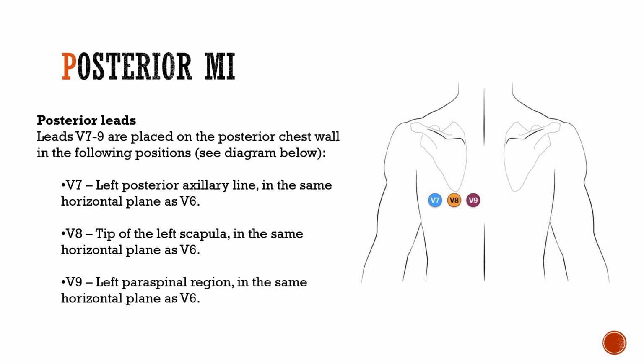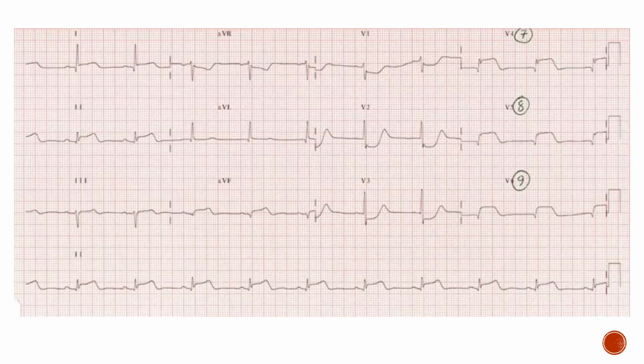V8 is placed at the tip of the left scapula, and V9 is at the left paraspinal region. These are all in the same horizontal plane as V6. When completing a posterior EKG, we can see the ST elevation that we're all too familiar with in V7, V8, and V9.